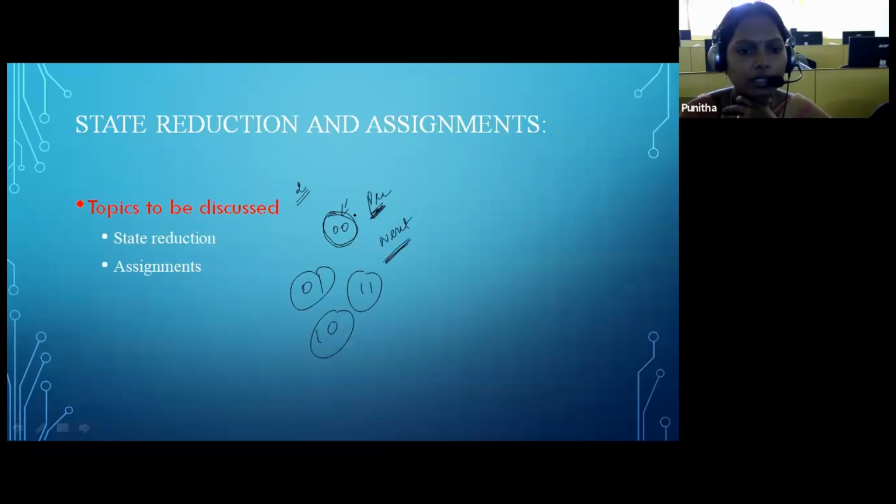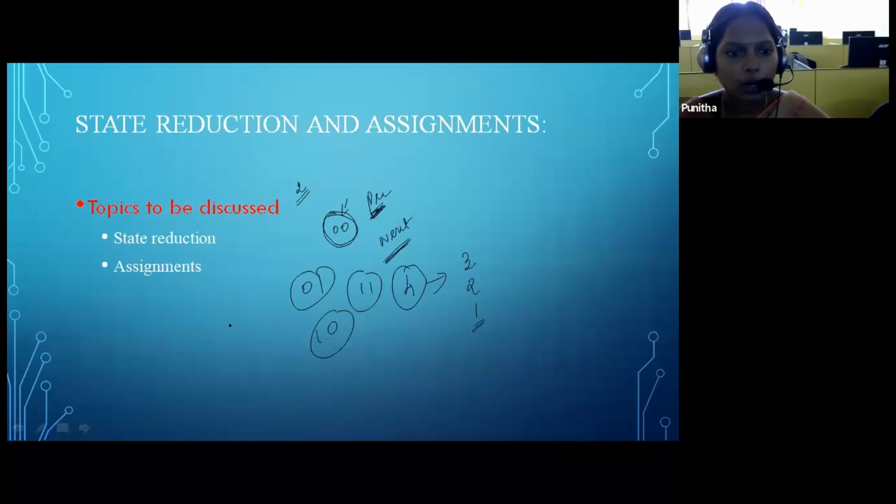State reduction is where we reduce the total number of states. Suppose I have four states, I am going to reduce them into three states or two states and one state.